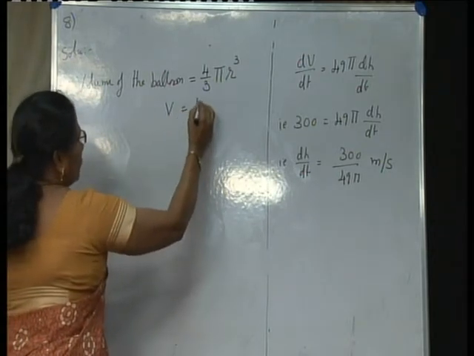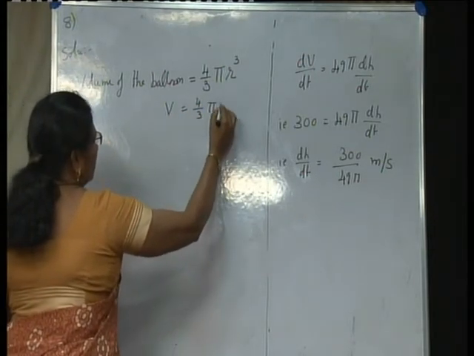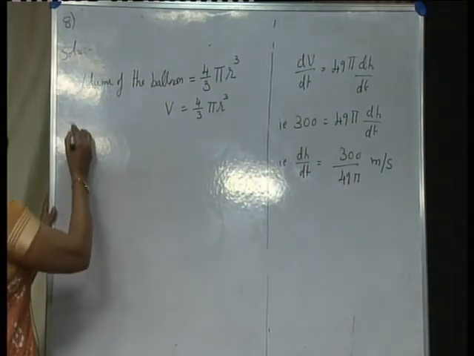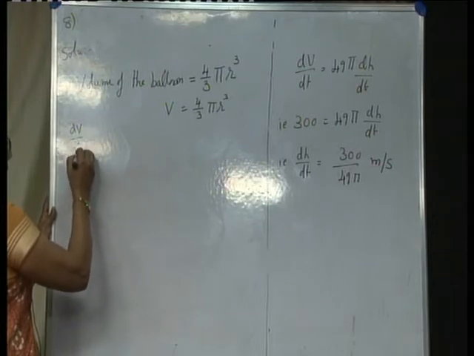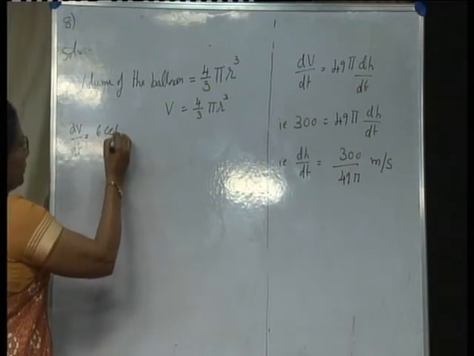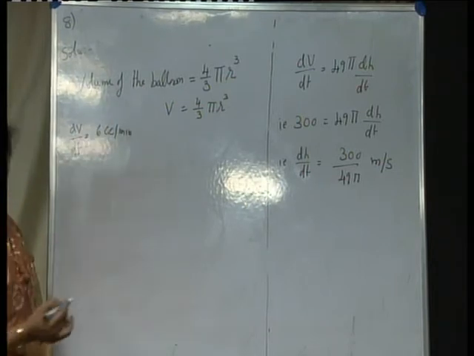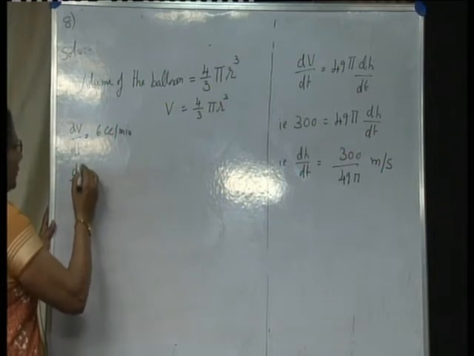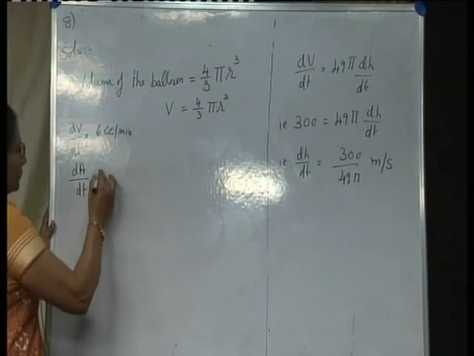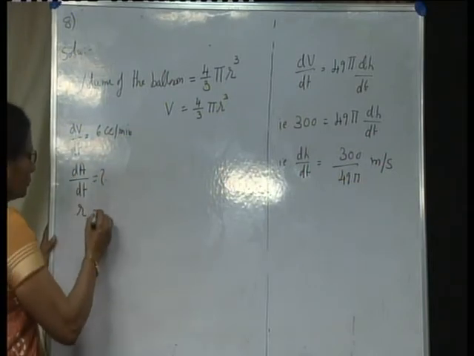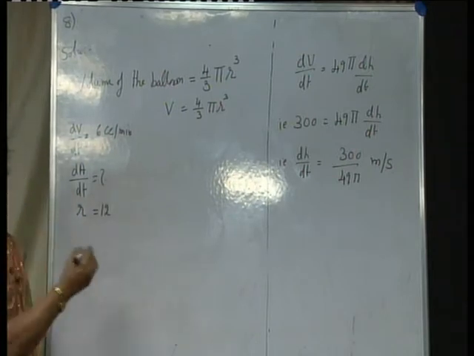So, V is equal to 4 by 3 pi r cube. dV by dt is given, volume is increases, that is given 6 cubic centimeter per minute. At what rate the surface area is increases, when the radius of the balloon is 12 centimeter.